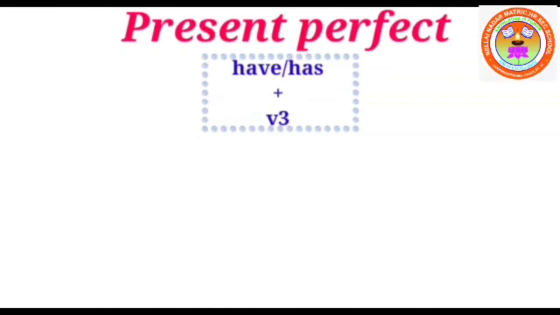The usage of present perfect is to indicate a past action which is not defined by a time of occurrence, or to indicate an action that started in the past and has continued until now. That is the usage of present perfect. Then let us see the table. Have, has plus V3. Have, has will denote present, V3 will denote the perfect. So we can easily get present perfect.